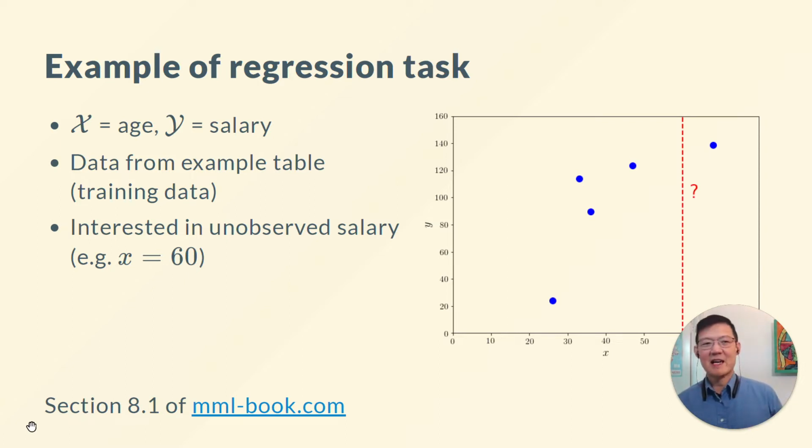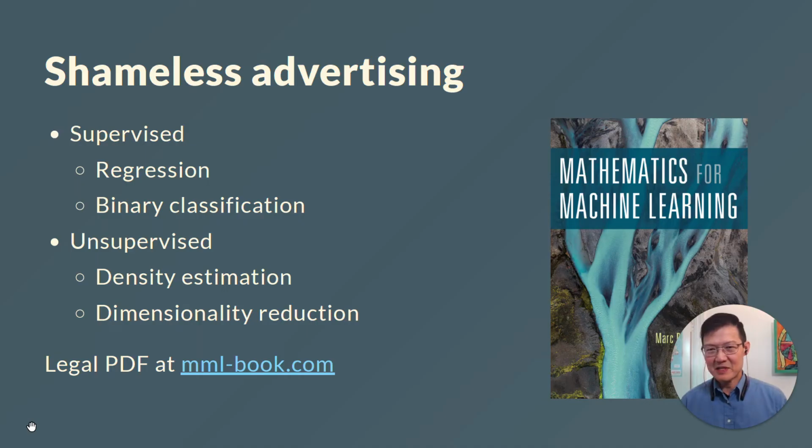The machine learning task of interest is, after training, after fitting some line on these blue dots, we want to predict the salary of somebody at age 60, which is denoted by the red dashed line here. This example was taken from this textbook by Marc, Aldo, and myself. It's available freely online at mmlbook.com.